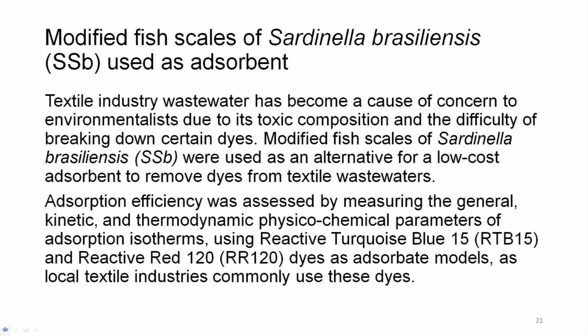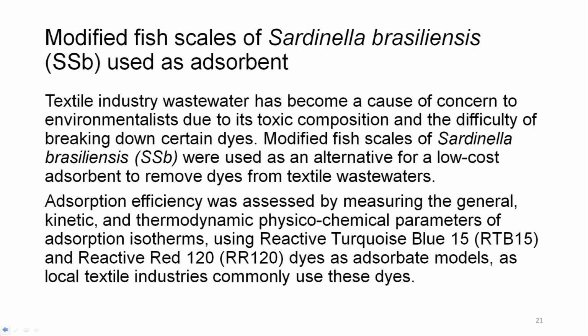Modified fish scale of Sardinella used as adsorbent. So, it is not just plants that are used as adsorbent, even the fish scale can be good material to be used as adsorbent for textile effluent treatment.